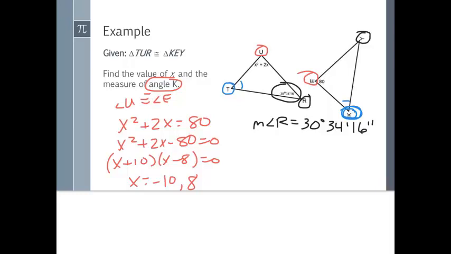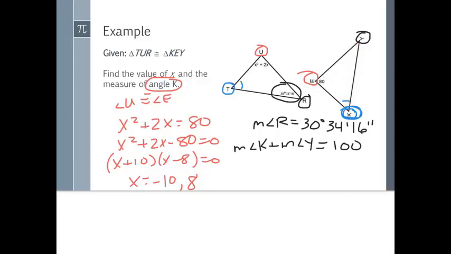Okay, so we know that the measures of all the angles of a triangle add up to 180. So that means that the measures of K plus Y has to equal 100, right? Because look over here, we had 80 here. So together, these must equal 100.